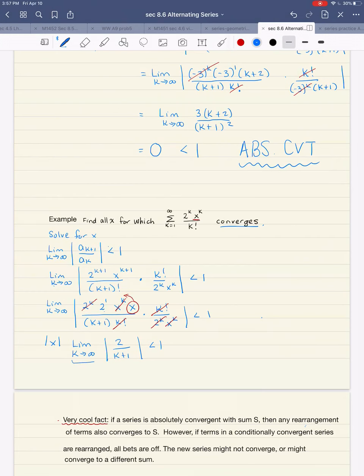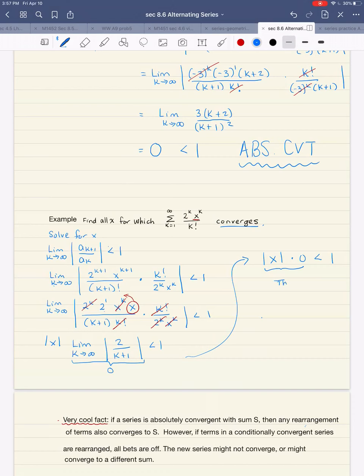Now just look at the limit. This limit right here, k is going to infinity and k appears on the bottom. So that limit is 0. So this statement says that I've got to take some x, multiply it by 0, and it's smaller than 1. Well, multiplying by 0 is going to make the left-hand side 0 no matter what x is.